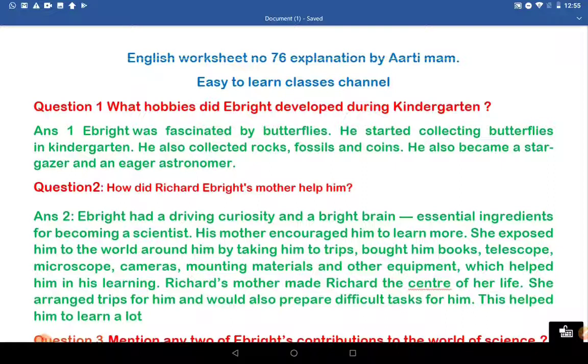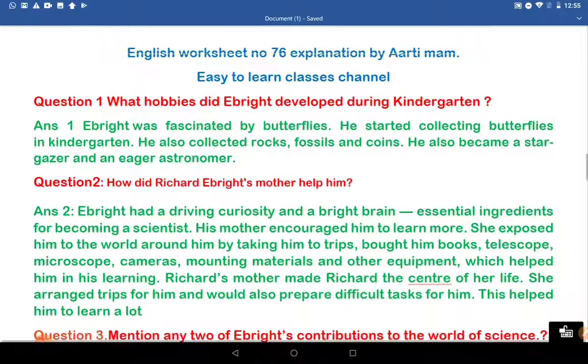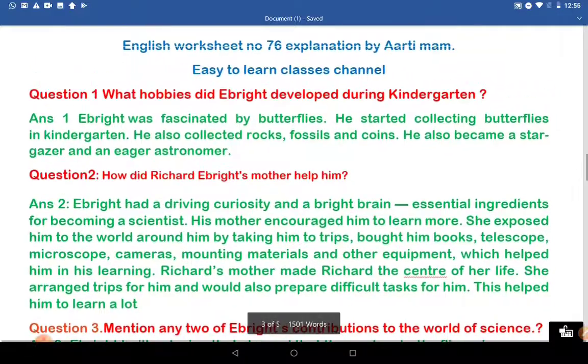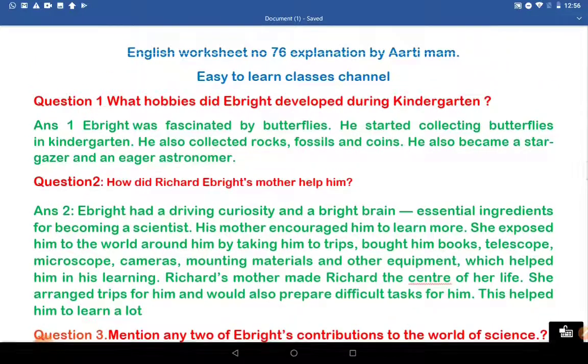Question 2. How did Richard Ebright's mother help him? Answer. Ebright had a driving curiosity and a bright brain, essential ingredients for becoming a scientist. His mother encouraged him to learn more.